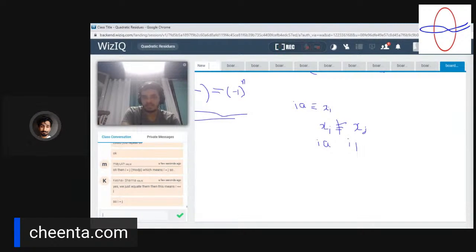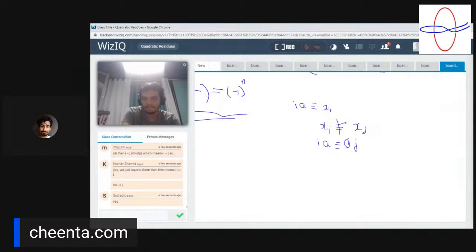By contradiction, if these are actually congruent, then we can cancel a and we can say i is congruent to j. So hence Li is not equal to Lj, Mi is not equal to Mj for any values here.